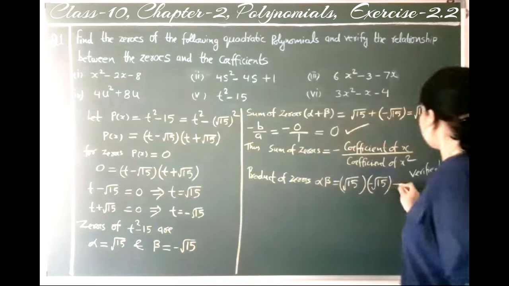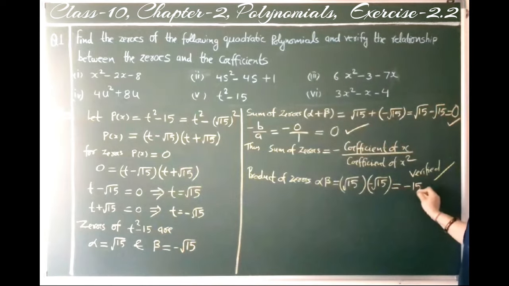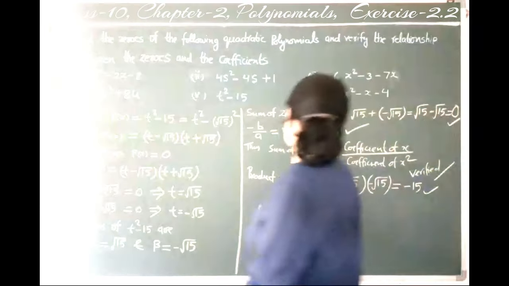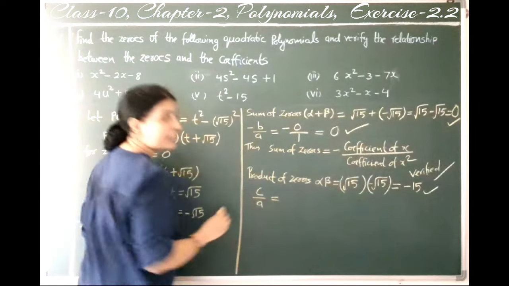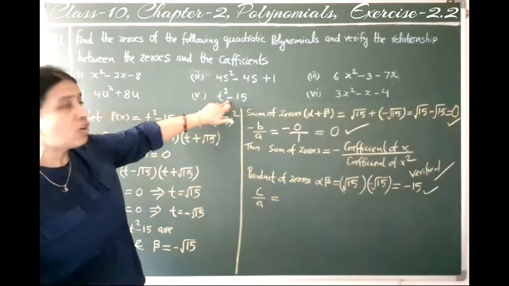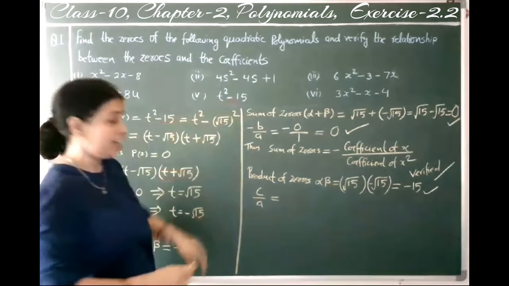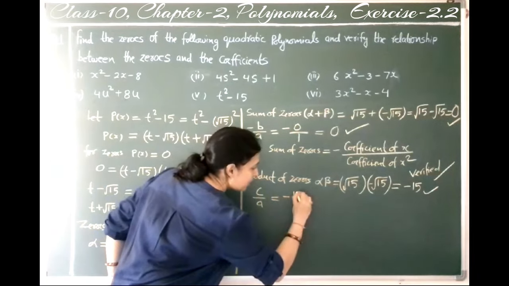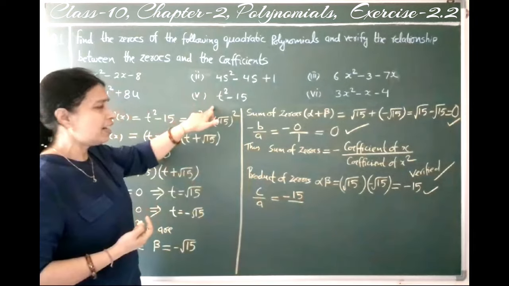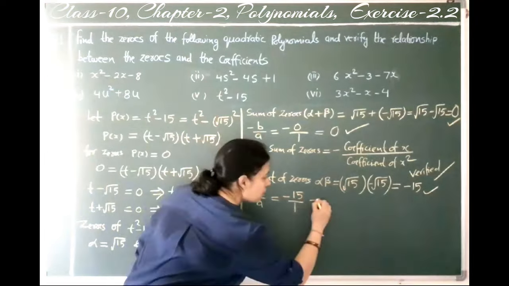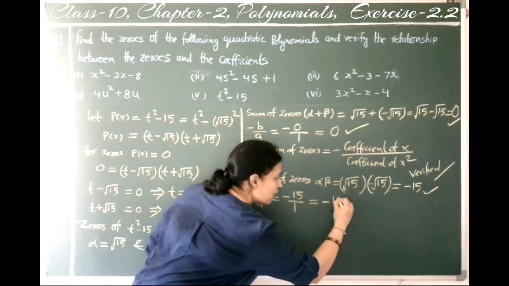When we multiply, we get minus 15. So alpha into beta is equal to minus 15. Then find out c by a. C is the constant term. Here the constant term given is minus 15. So write here minus 15. A is the coefficient of t square. Here it is 1. So write 1. So it is minus 15.